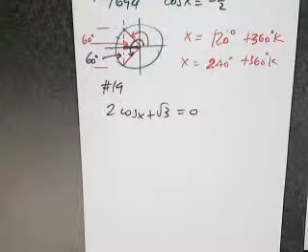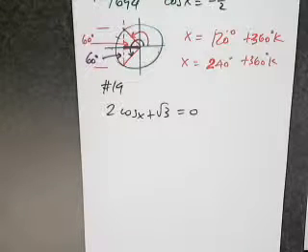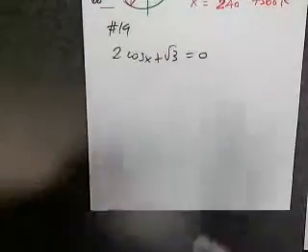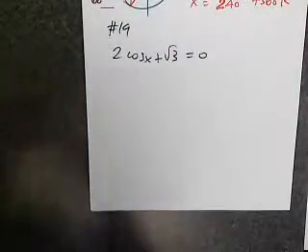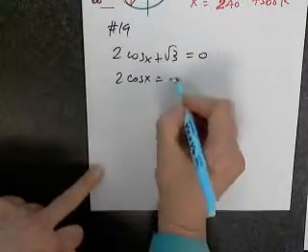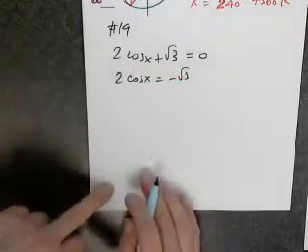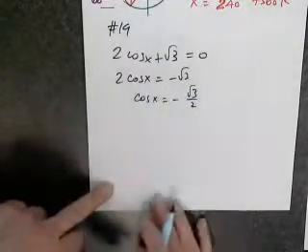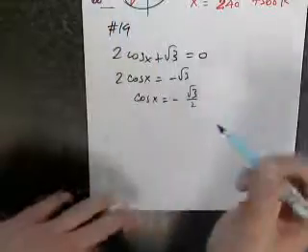And we have to review 2 more sections, 7.1 and 7.2, law of sines and law of cosines, and that's it. So what should I do first? Move over the square root. 2 cosine x equals negative the square root of 3. Now divide by 2: cosine x equals negative the square root of 3 over 2.